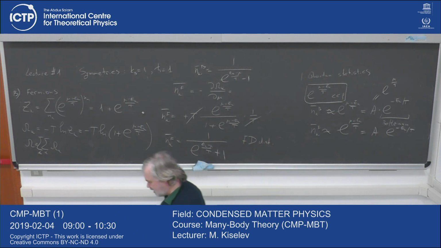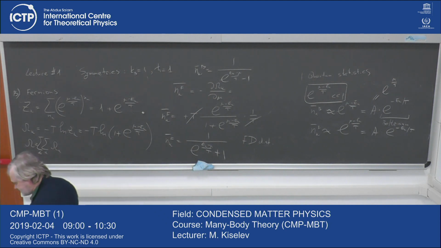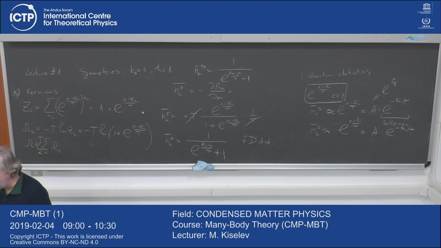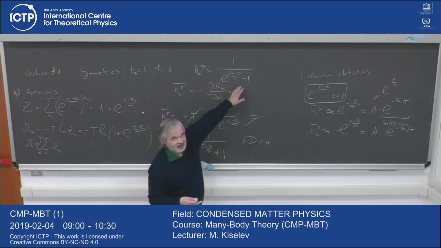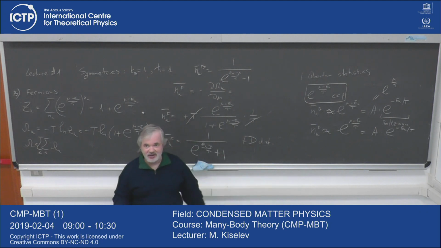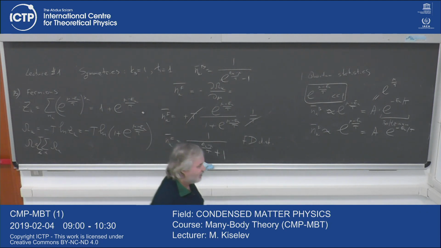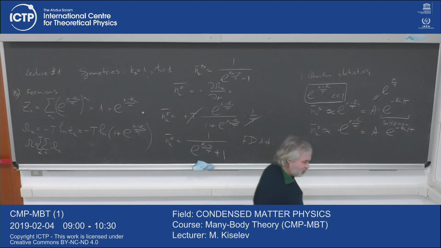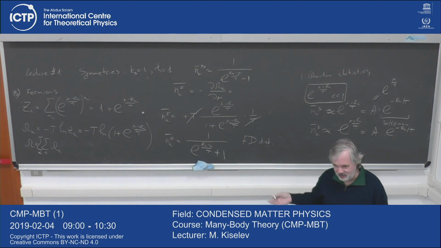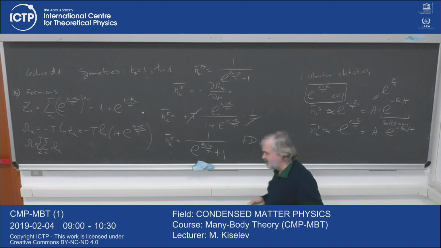These two classes of quantum gases approach the classical limit in a bit different way. Namely, here we have a minus, here we have a plus. When you expand, in principle, you may write down the equation of motion. This is what we derive for fermions and bosons in some next lectures.